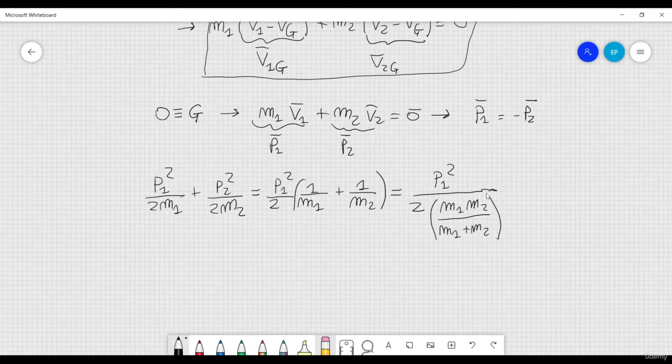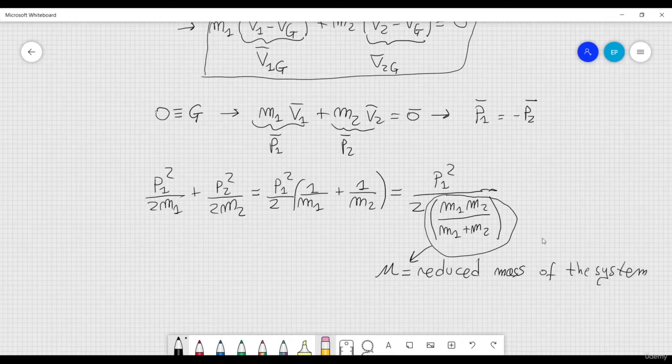And this quantity here in the denominator has a name. It's an important quantity. This is usually called mu, and this mu here is the reduced mass of the system. Let me write it down. It's the reduced mass of the system. Or maybe instead of reduced, also equivalent mass.